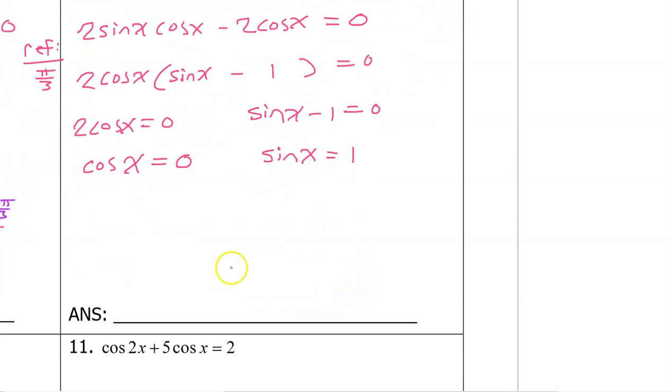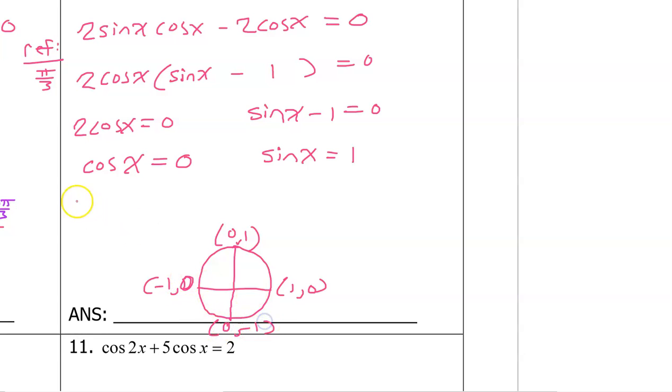These are both going to be quadrantal angles. So you should be able to picture this in your mind, but you can't read my mind, so I'm just going to go ahead and write it on down. 1, 0, 0, 1, negative 1, 0, and 0, negative 1.